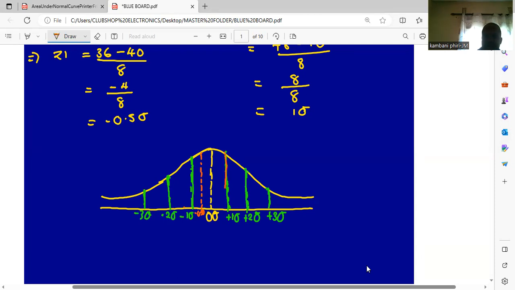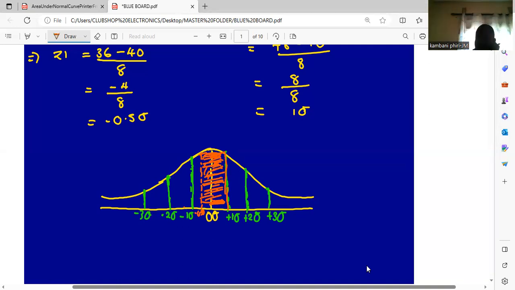So now we want the percentage of cases that lie between negative 0.5 and 1. This is the area we are talking about. I hope this is fine.